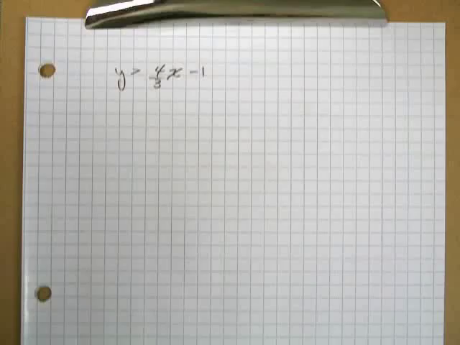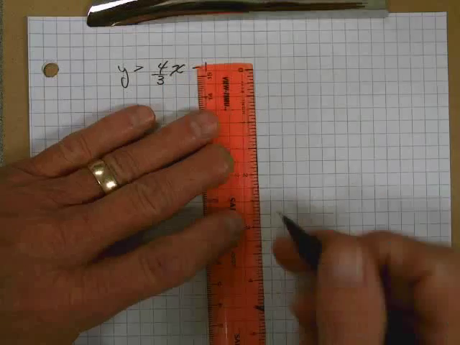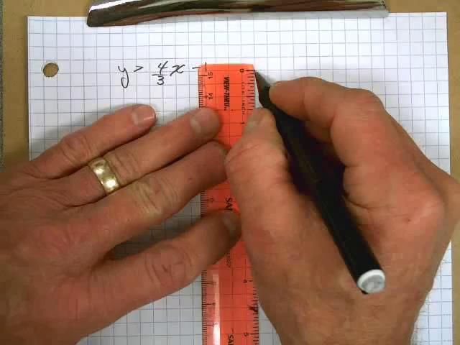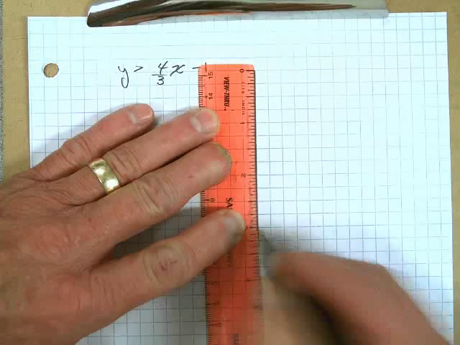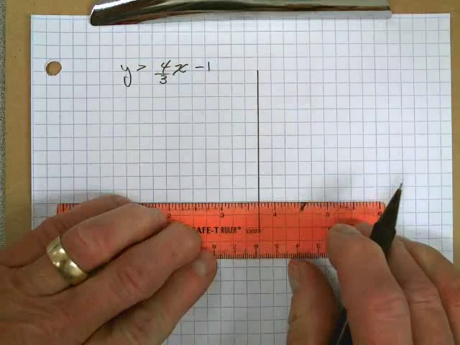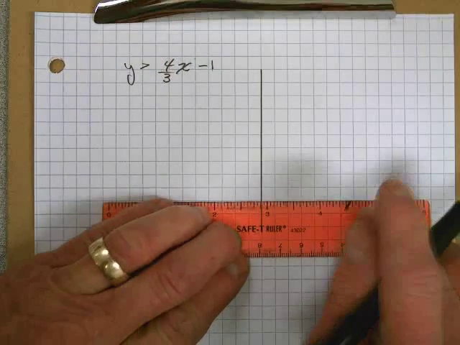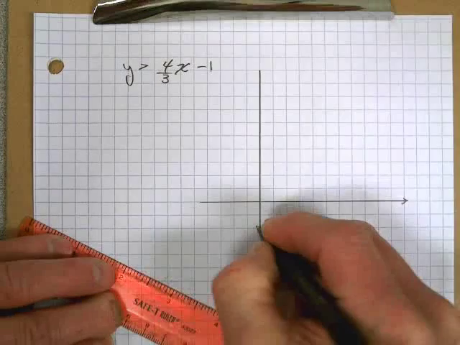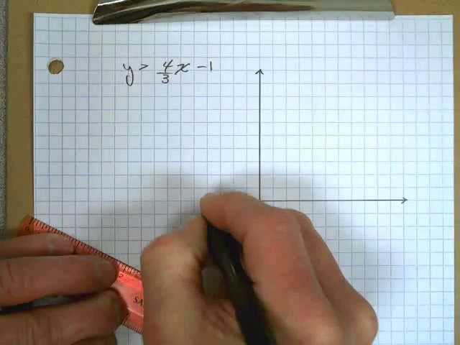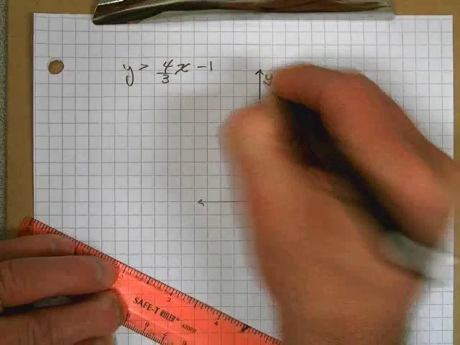Still using those 3 steps that we identified in our first example, let's draw a coordinate plane. As always, we'll identify our x and y axes.